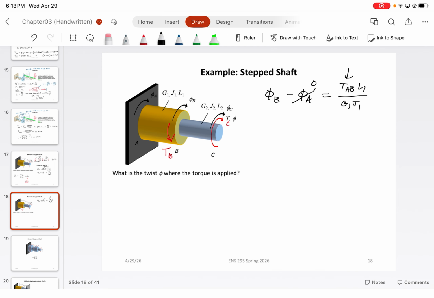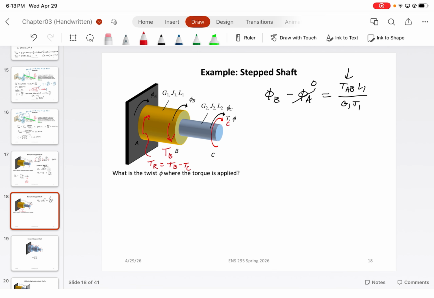Now the torque in AB, if we were to do equilibrium at point A, then the reaction torque, I'll call this TR, would just equal TB minus TC. You guys agree with me on that?